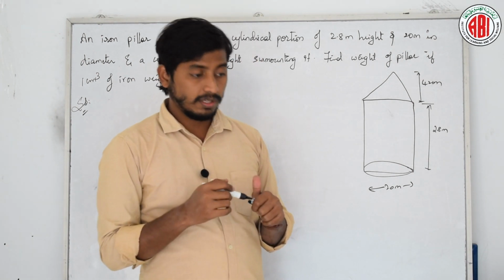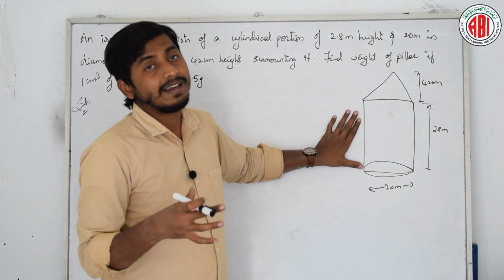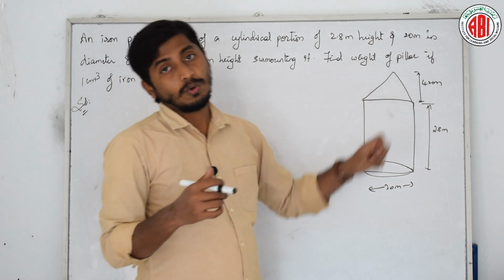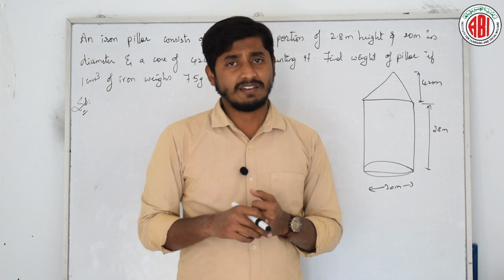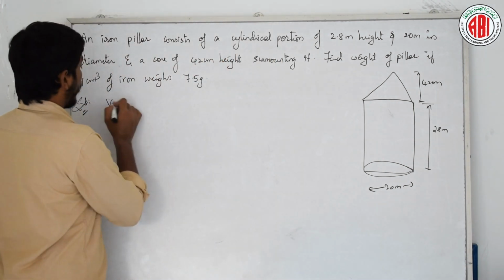Shall we do? How do we do? First of all, we have to find the volume of the cylinder and the volume of this cone also. Now tell me what is the total volume?